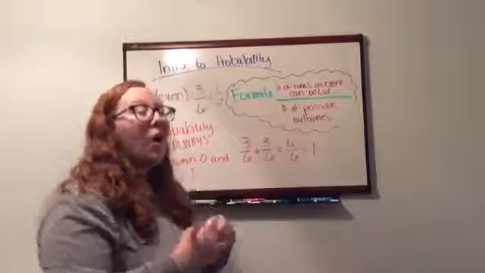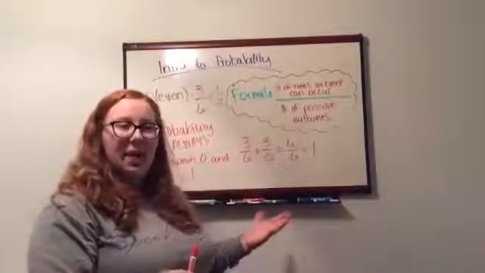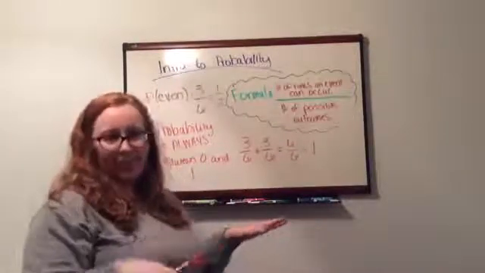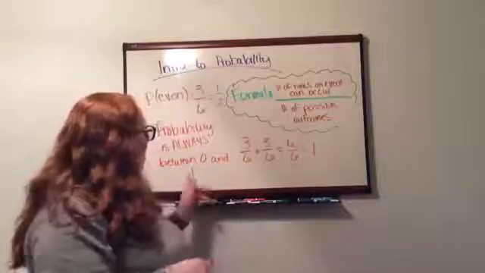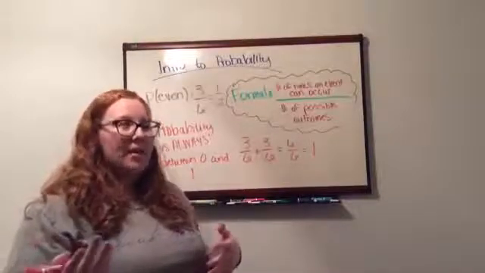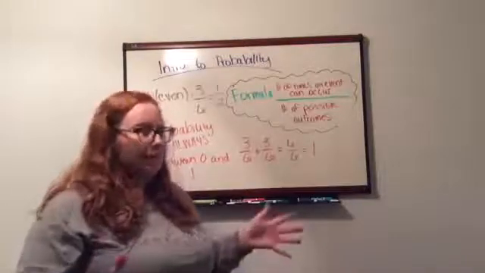Probability is always going to be between 0 and 1. So a 0% chance of something happening is like it's not going to happen. Never. Well, 1, that would be like a 100% chance of something happening. It's for sure going to happen. No chance that it wouldn't.